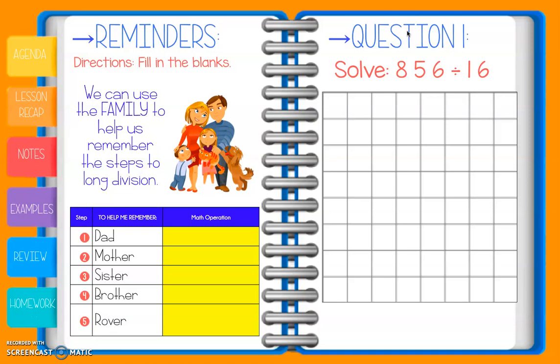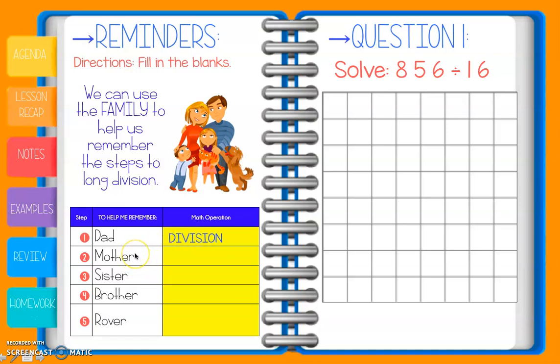Okay, so we talked about yesterday that we're using the standard algorithm for our long division problems, and we said that we can use the family as a mental reminder for all of the steps in the long division process. So we said that dad, or the D in dad, helps us to remember that we divide first.